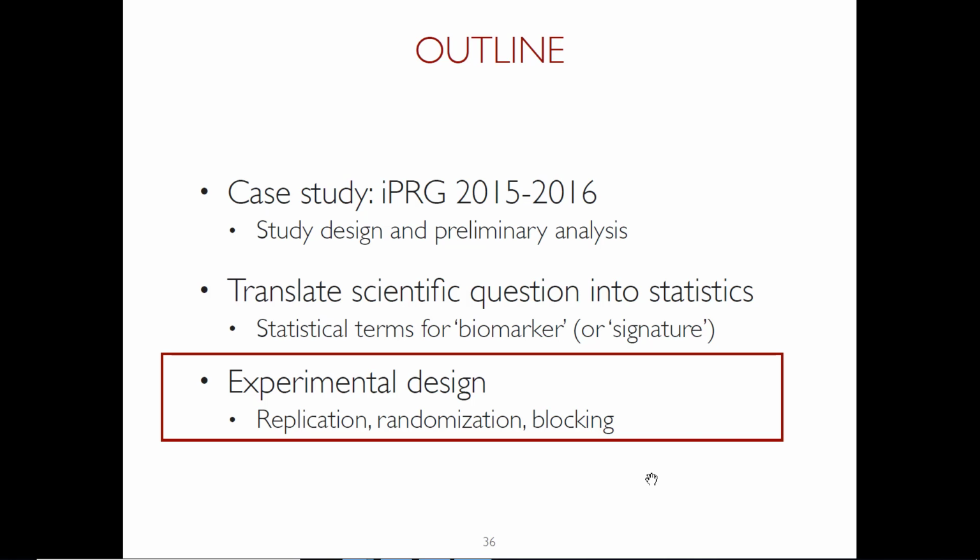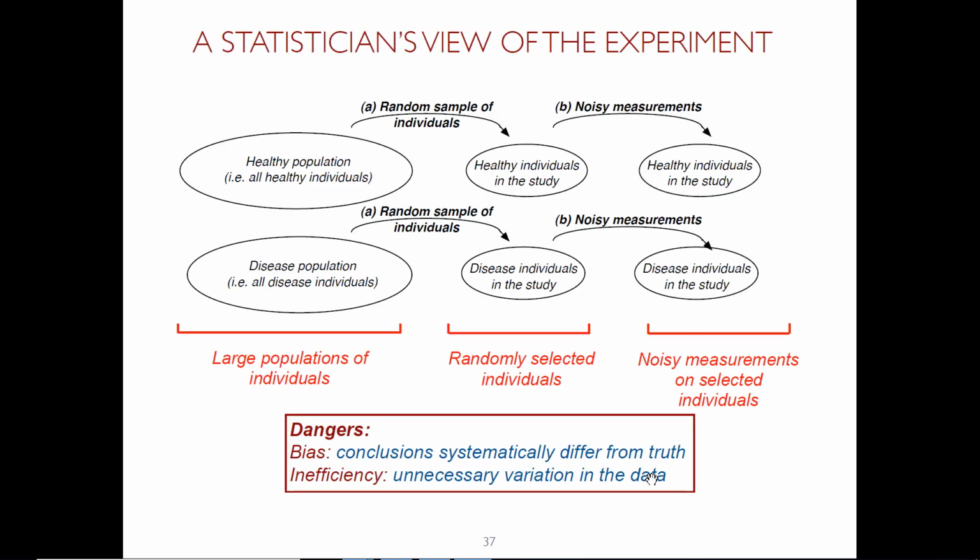Okay. So experimental design, let me talk a little bit about that. Let me again talk about healthy and disease, just because it's easy, but you can think of other contexts as well. Let's say we have two populations of subjects which are the same for all practical purposes, meaning they have the same distribution of other diseases, age, gender, lifestyle, and whatever else can affect their protein abundances, except that this population is healthy and this population has the disease.